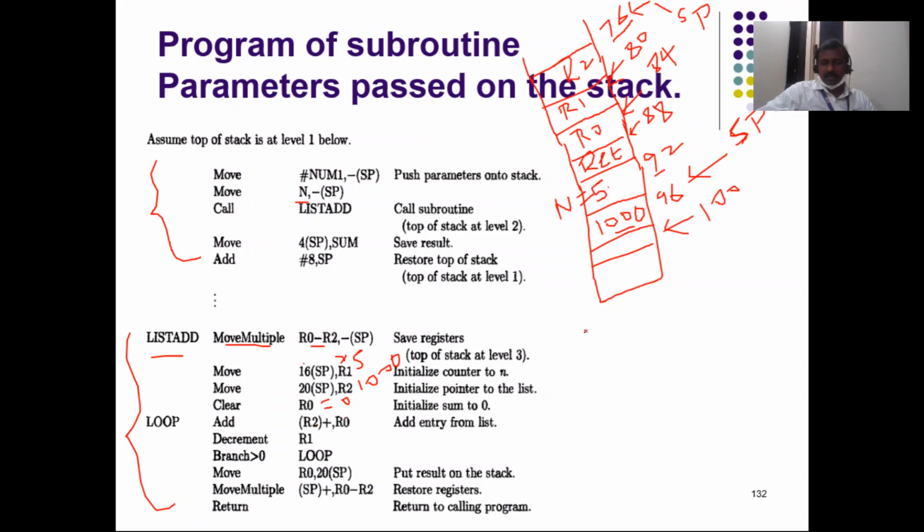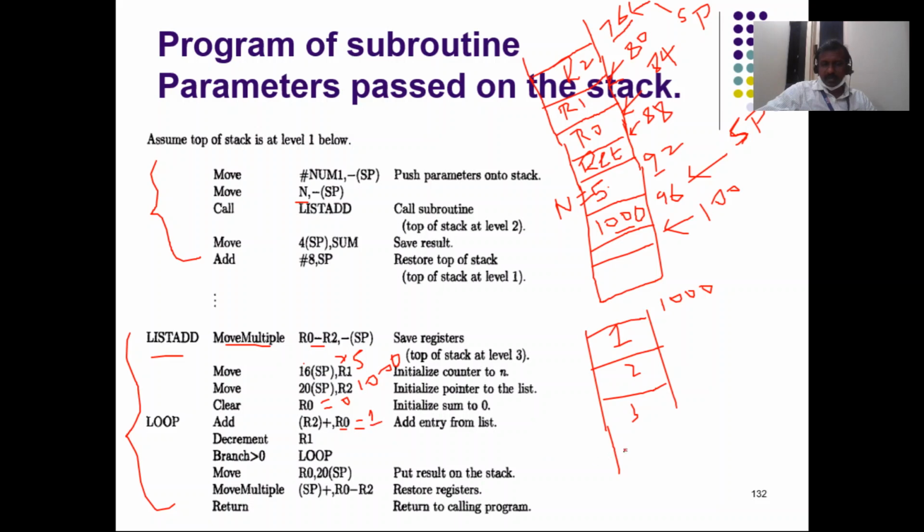Say the content at location 1000 is 1. Then 1 will be added with R0, which is 0. So 1 plus 0 is 1, and the result is stored in R0. So R0 now contains 1.